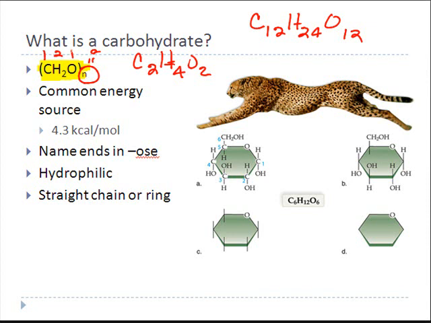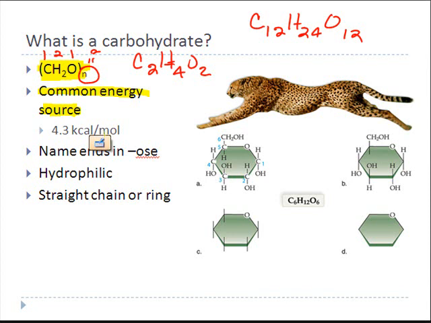you have a carbohydrate. Now, carbohydrates serve as probably the most common energy source among living organisms like us and plants. It's a molecule that has a great deal of energy packed into its bonds, and by breaking those bonds apart in a process we're going to learn about later in the semester called oxidative respiration, we can release that energy and use it to perform work in the body.